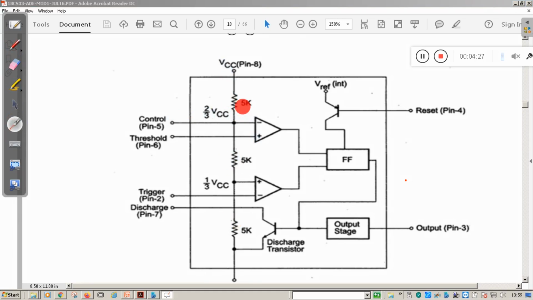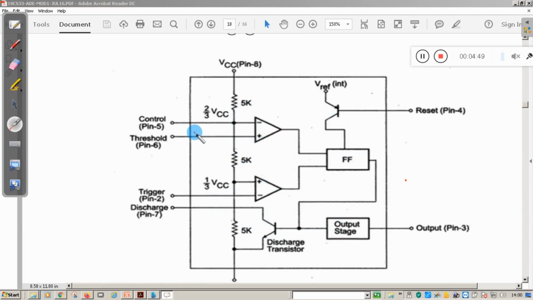Here we are using three resistors of 5K, that's why the name 555. Other than that, we have two comparators, one RS flip-flop, and a discharge transistor. So this is the internal block diagram of the 555 IC.